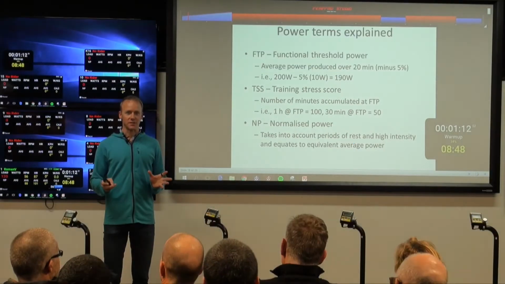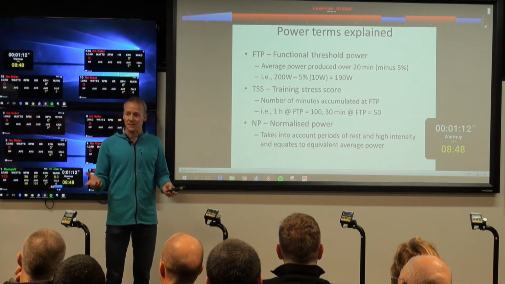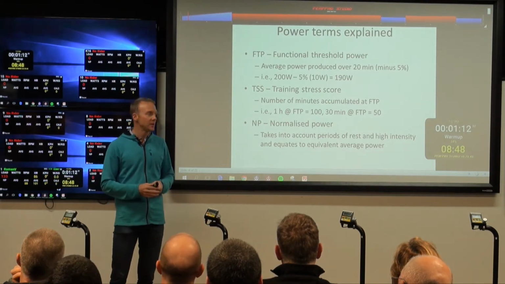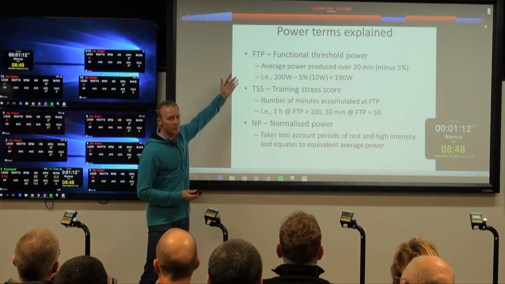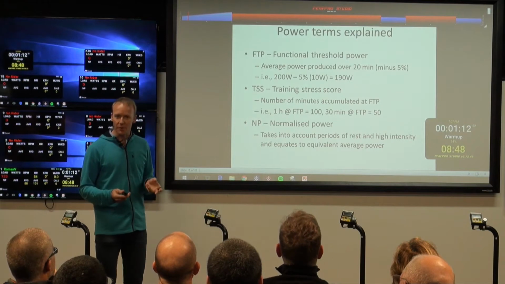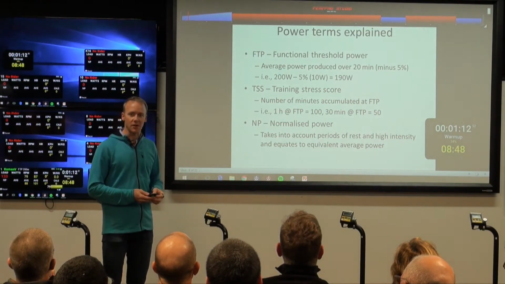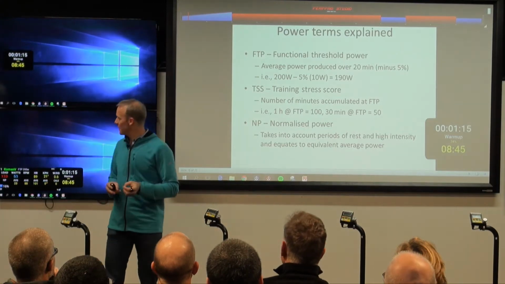One of the reasons I was here was to explain a few of the variables that you might see when you get that report back from Yanni. One of these is your functional threshold power. We spoke about this before when we talked about Karen and the importance of having a high FTP.